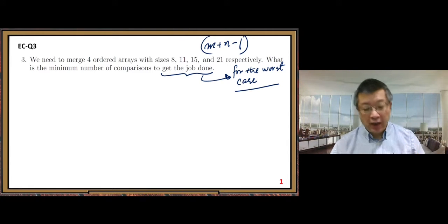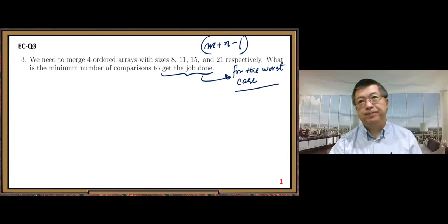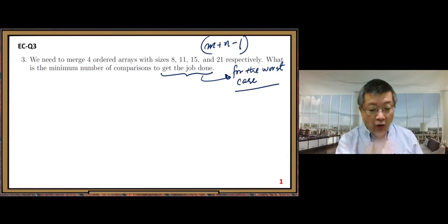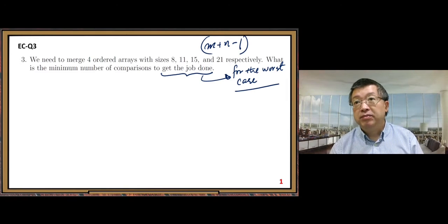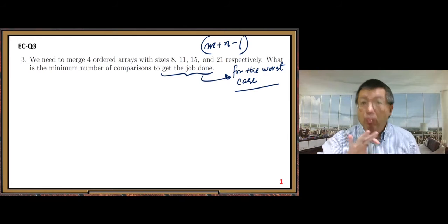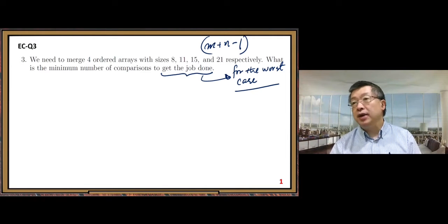So here, I'd like to give you partial information in this way. When we have 4 ordered arrays, you have too many merge possibilities, right? Too many.